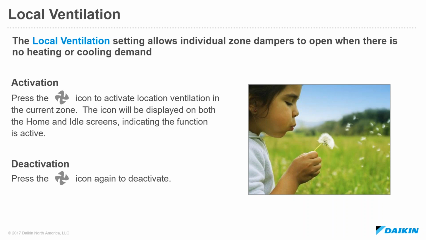And when there's a period of no heating or cooling demand, that particular zone will open and the indoor unit fan will run so that we can deliver ventilation to an individual, localized zone, but not necessarily ventilate every single zone on the DZK. So just keep that in your back pocket, the two different options for how we can run global or local ventilation for the DZK.